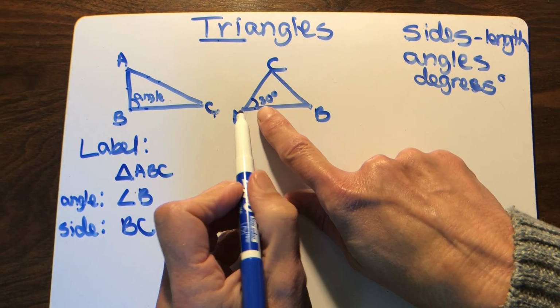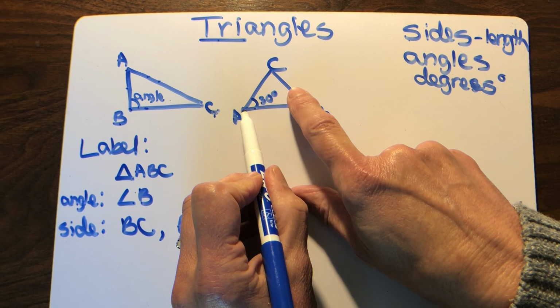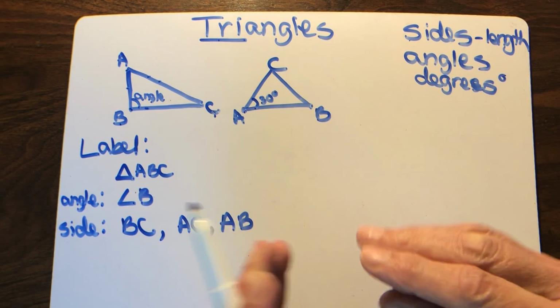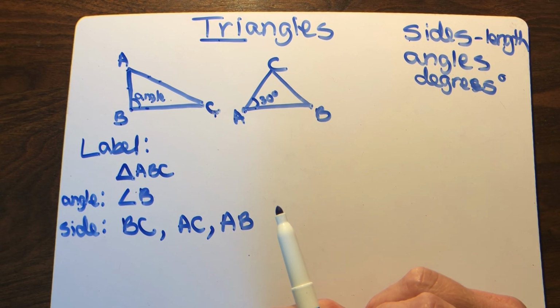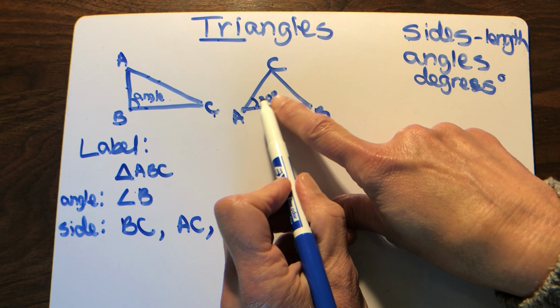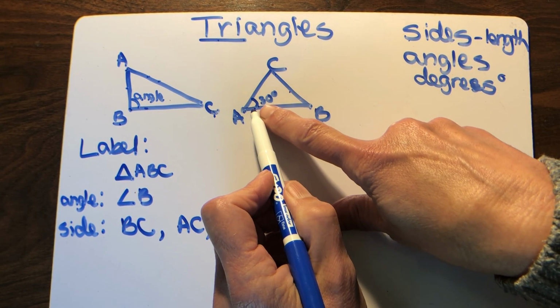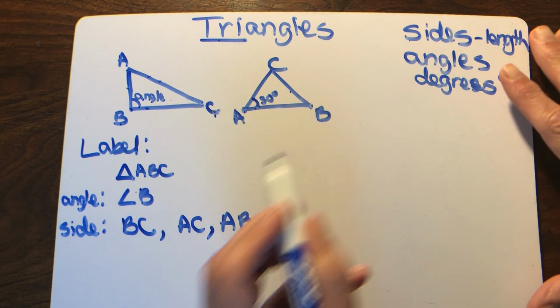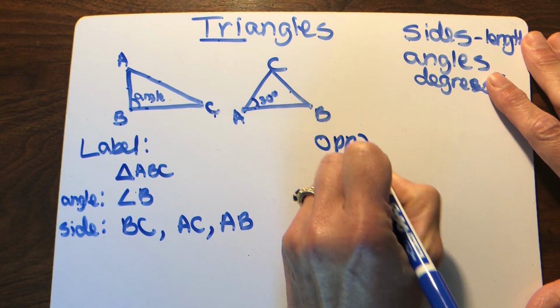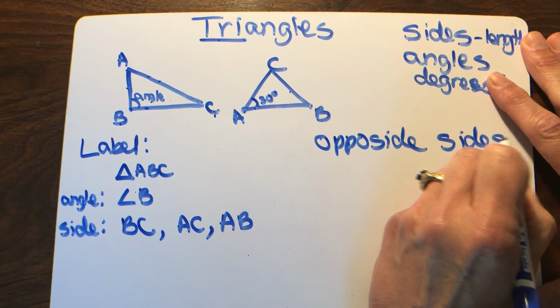So if you have an angle, then the opposite side to the angle makes a relationship, and that's a relationship we'll talk about later. So you've got to learn how to identify the opposite side of the angle, and then also from the side back to the opposite angle. So let's just look at those and kind of figure that out.